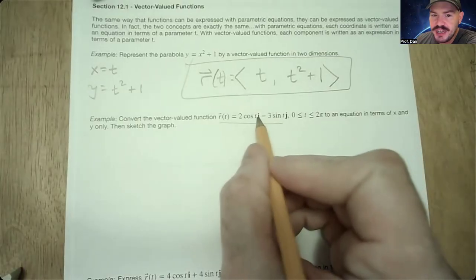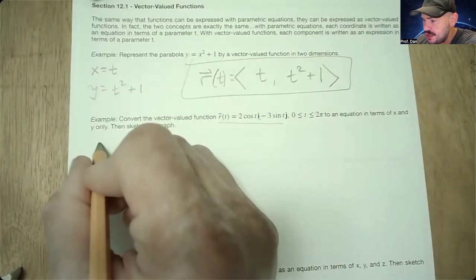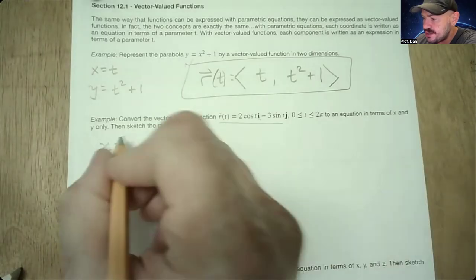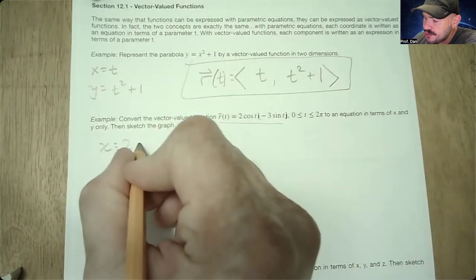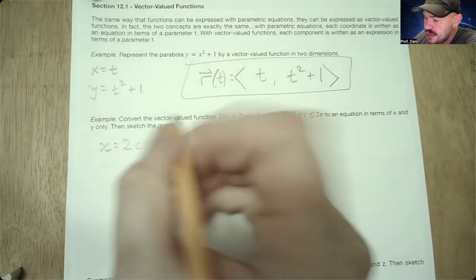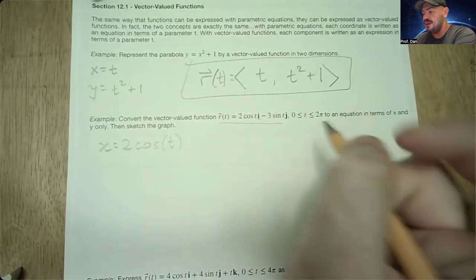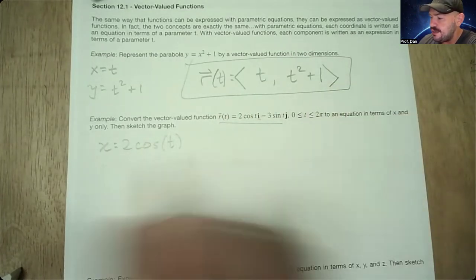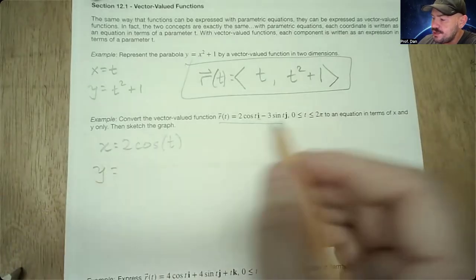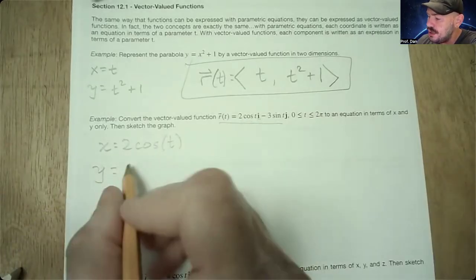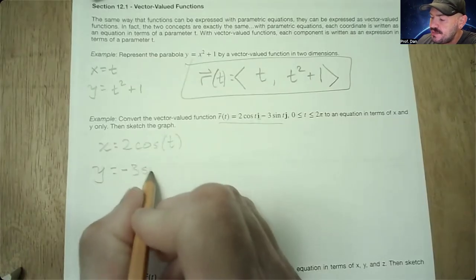So if I look where my i is, that's going to be the equation for x. So x would be 2 cosine of t, right? And then for y, we would get y is equal to -3 sine of t.